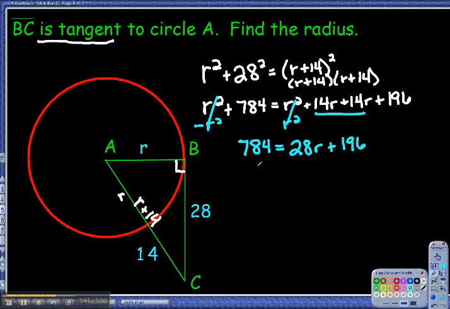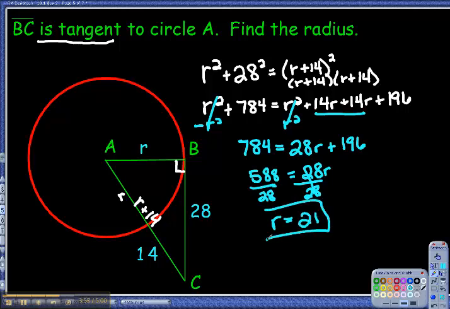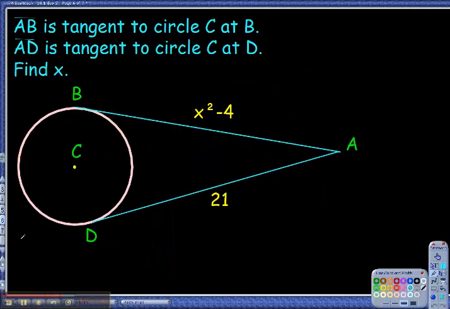Well, if I subtract my 196 from both sides, I'll end up with 588 is equal to our 28R. So if you divide by your 28, we are left with R is equal to 21. So this circle has a radius of 21 units. And you could put those numbers back in. Try your 21 squared plus 28 squared, and you could take your 21 plus 14, that 35 squared, and that should work. Okay, last example.